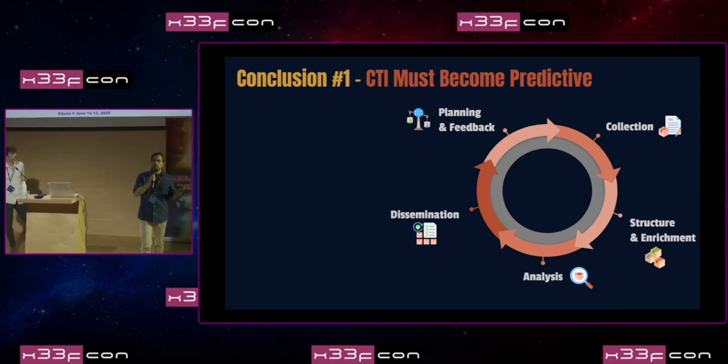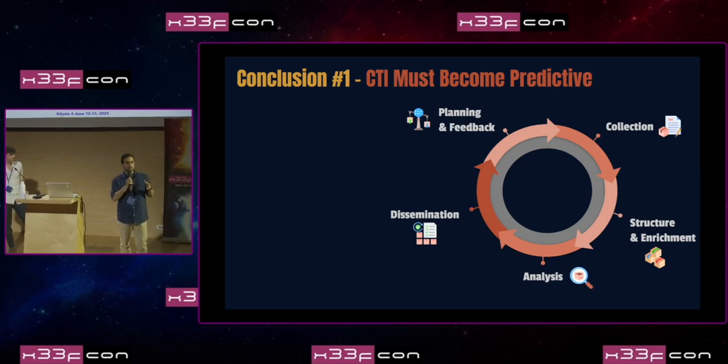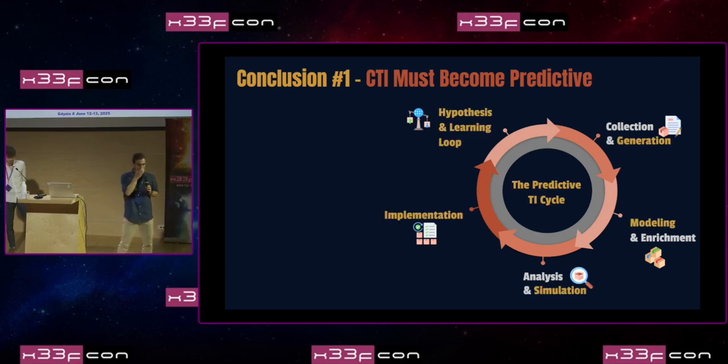Because this process and the essential of threat intelligence are built to react to things that already happened. But now, with the speed and creativity that AI brings, that might be not enough. We needed the process to be much more flexible and more dynamic and faster. So we reimagined it, and we created a new process to help us with that, that we named the predictive threat intelligence cycle.